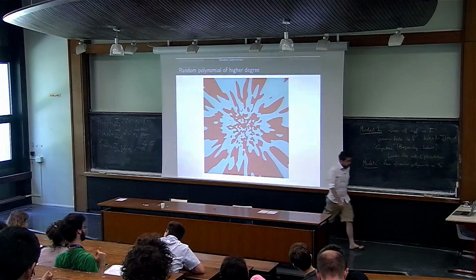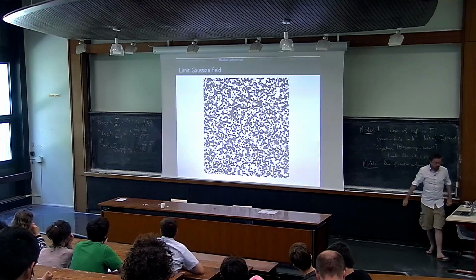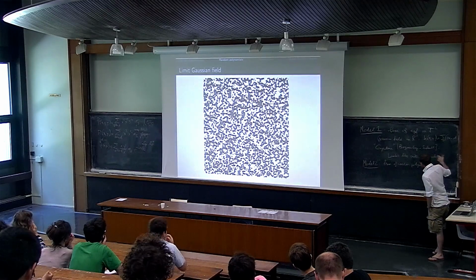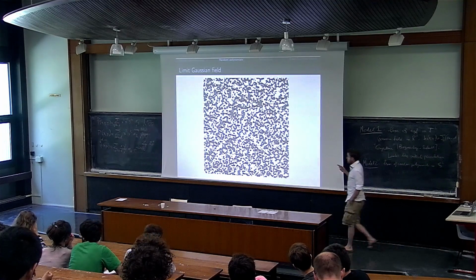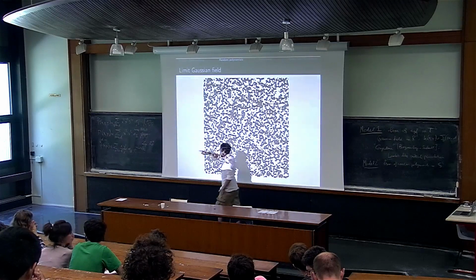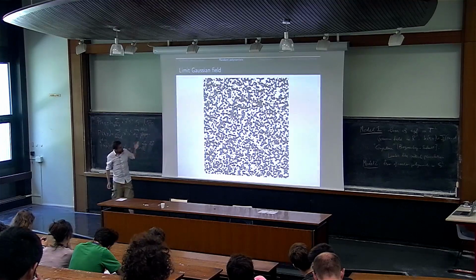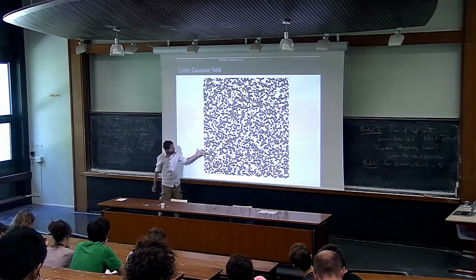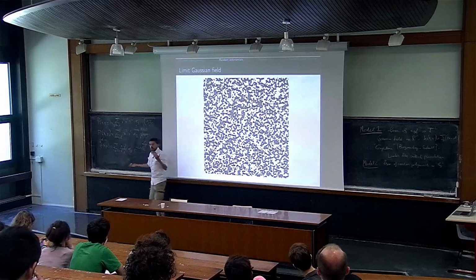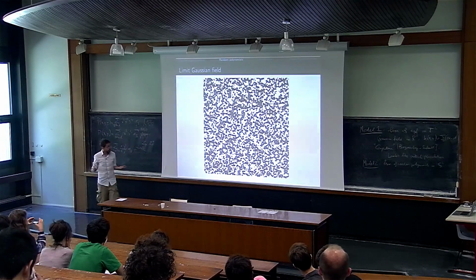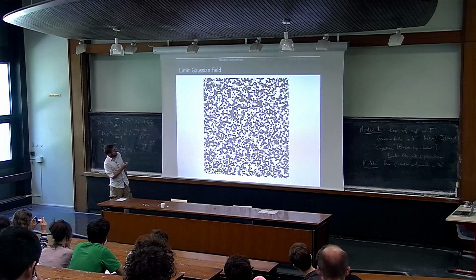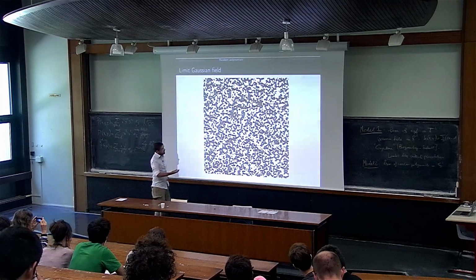Okay, so what do you see if you do that? Well, this is a sample of the limit field. So it's a sample of this infinite sum. And again, what you see here in the picture is the sign of the field. So white and black are positive and negative regions for this field. And you see that it looks, again, complicated.